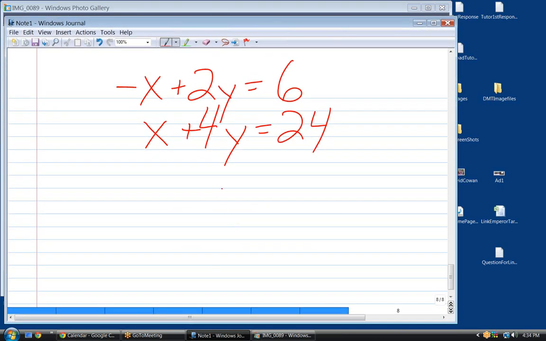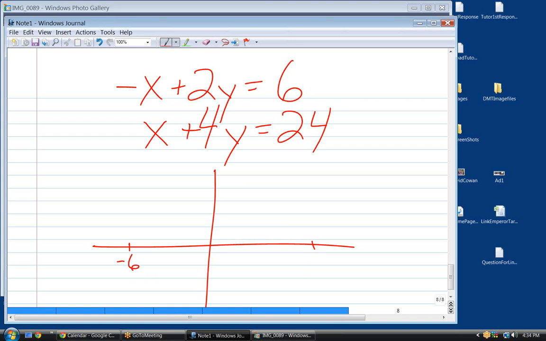If I graph this first equation, well, it's easy enough to do. The x-intercept is where y equals 0, so the x-intercept would be at negative 6. See that?